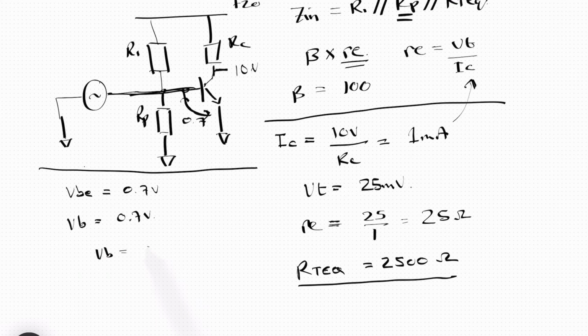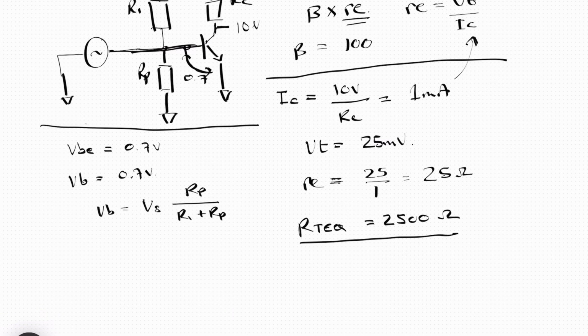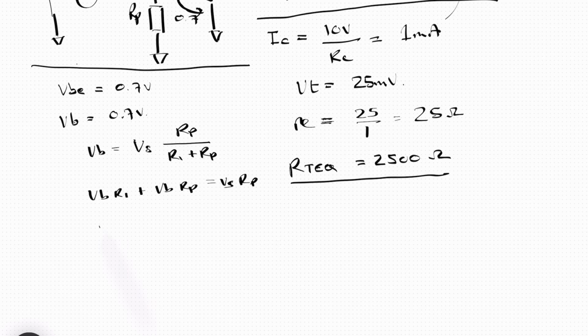VB is equal to VS, which is basically 20 volts, times RP over R1 plus RP. So we need to rearrange this equation to get RP by itself. So VB R1 plus VB RP equals VS RP.